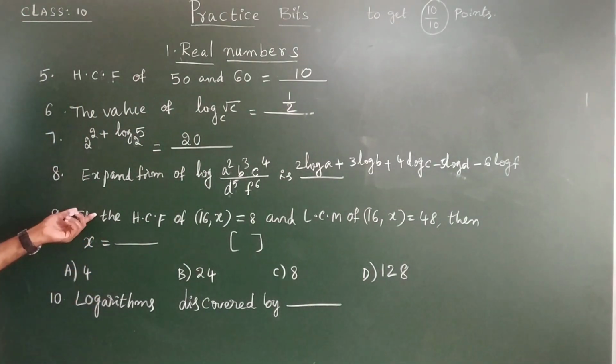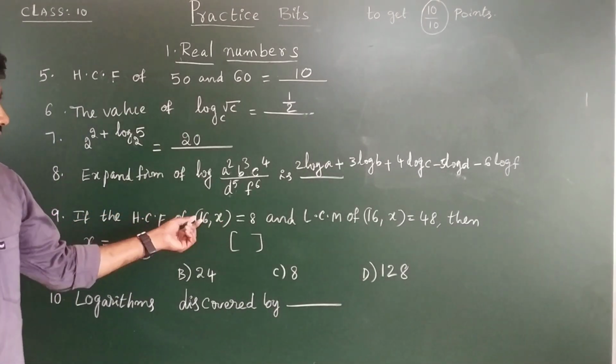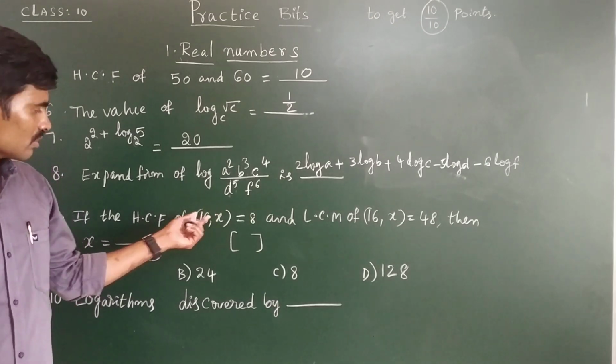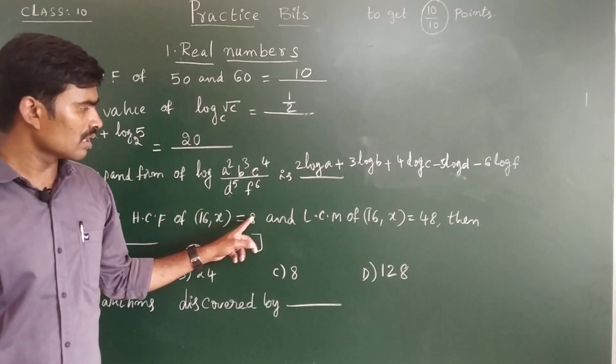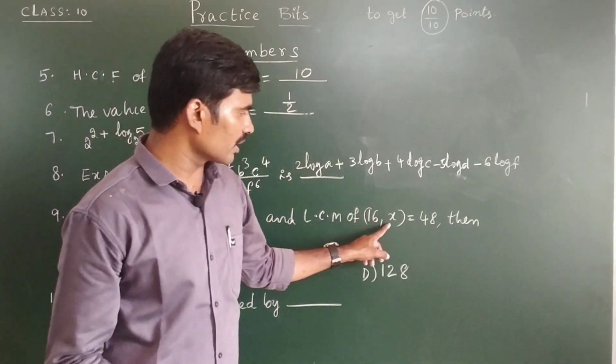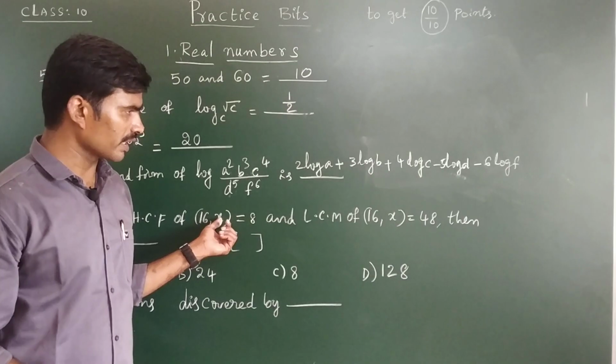Next bit is very important. If the HCF of 16 and x is equal to 8 and the LCM of 16 and x is 48, then find the x value, that means the second number.